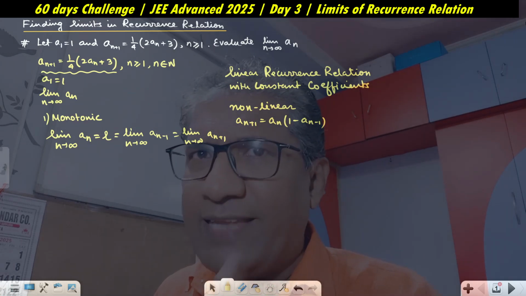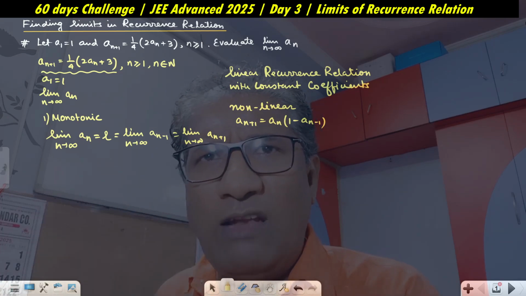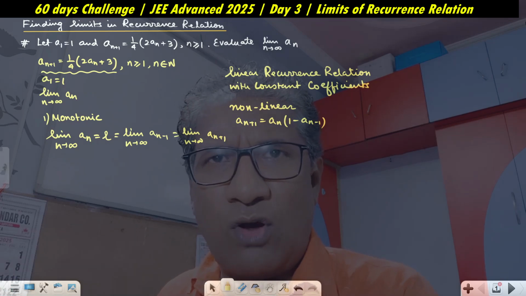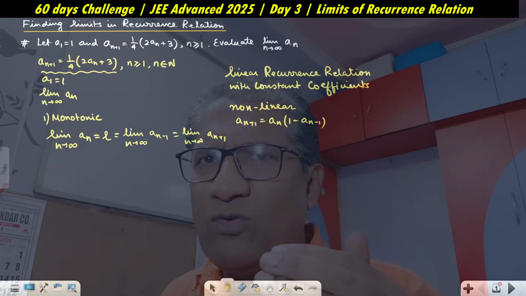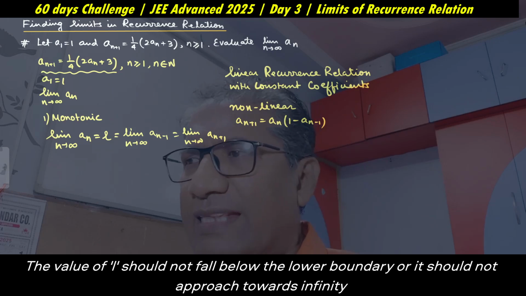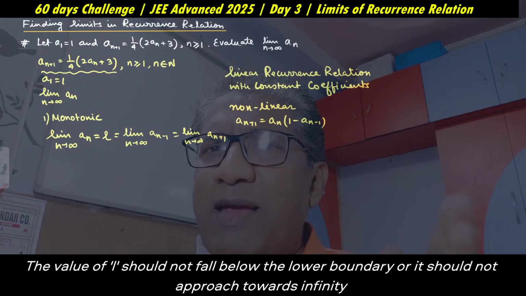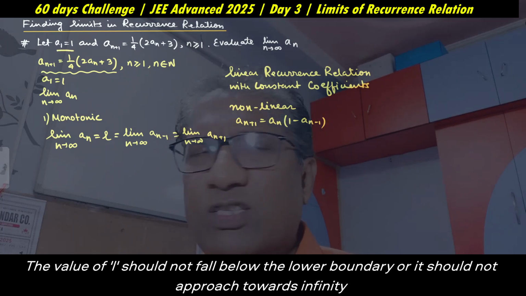Now remember one thing. In this kind of question, as I told you, we will always be provided with some initial values of the sequence. After finding out the value of L, two things we should be concerned about. One, this L should not be below the lower limit which is given to us. In this case, we have been given a_1 is 1.